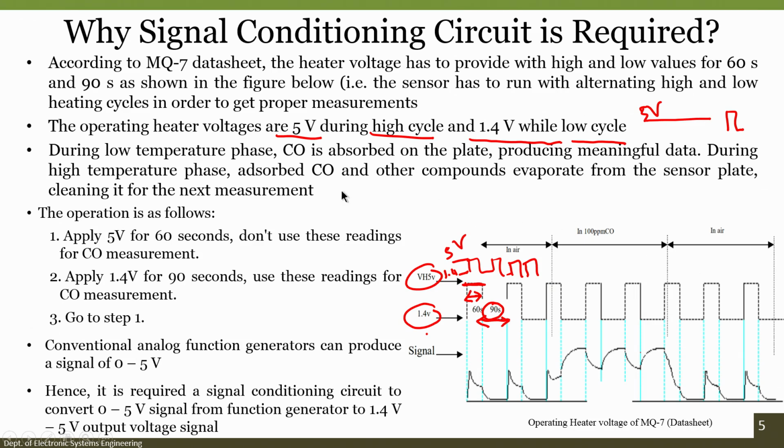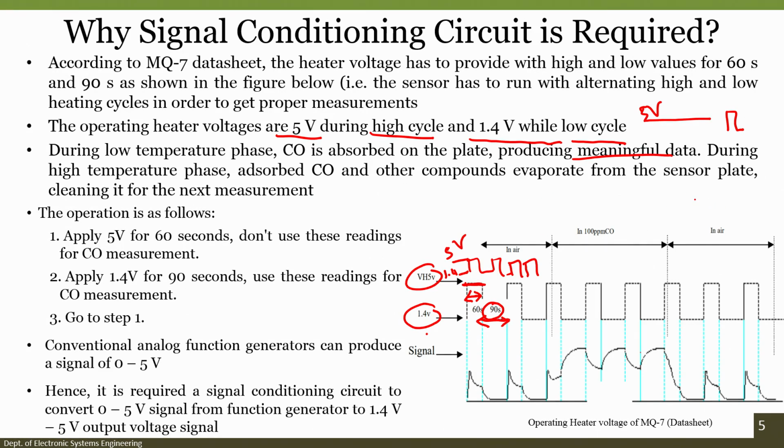Now, this was the requirement of the MQ7 sensor, where the details say that during the low temperature phase, carbon monoxide is adsorbed on the plate, producing some data. During the high temperature phase, the adsorbed CO and other compounds evaporate from the sensor plate.